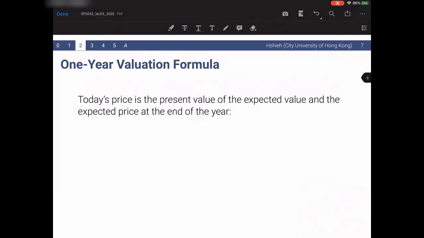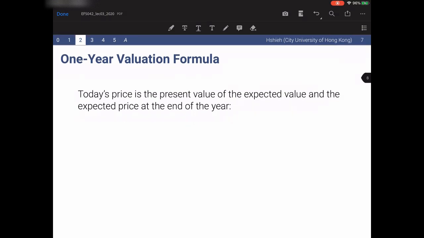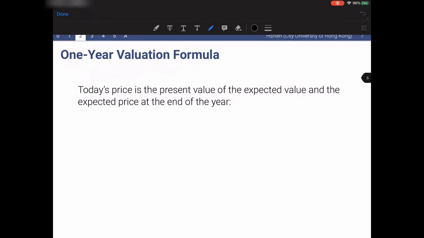So if you recall from the previous slide, we used the following formula. P naught is equal to the dividend payment 1 year from now plus the price of the 3M stock 1 year from now, divided by 1 plus RE.